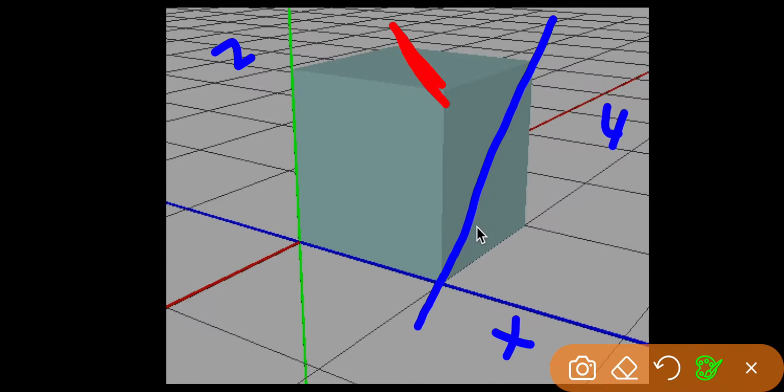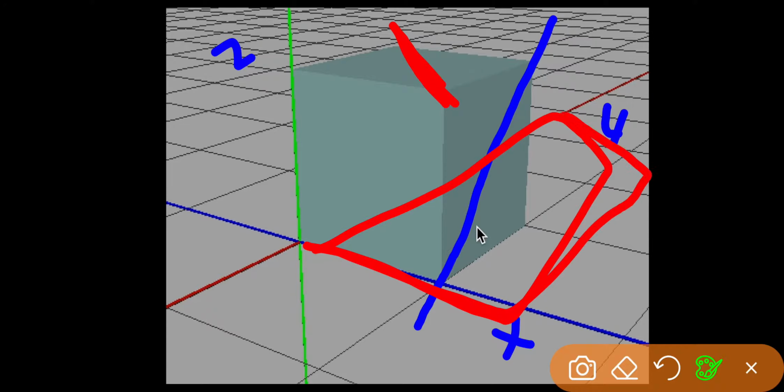Do you think they will ever intersect? One is going from top, and this red line will be parallel to the xy plane.